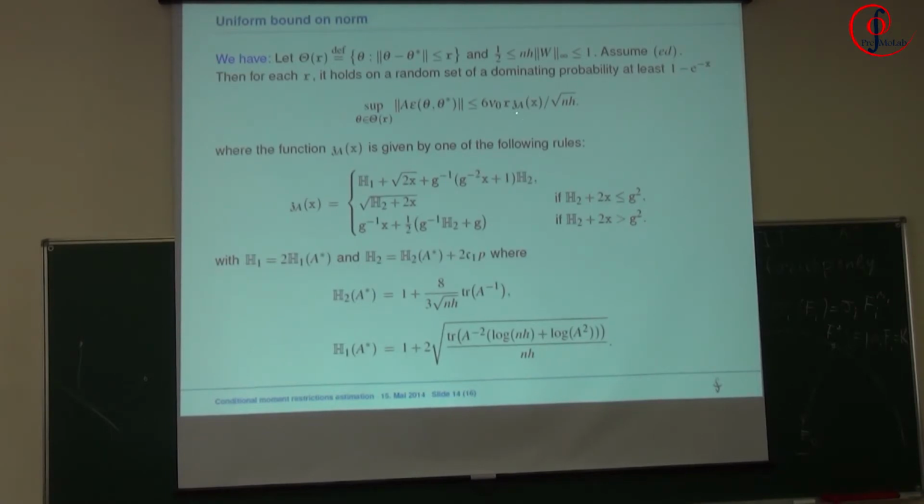It depends on properties of matrix A, the size of our sample, and H, which, as you remember, is a parameter we used in our kernel when we built matrix A.